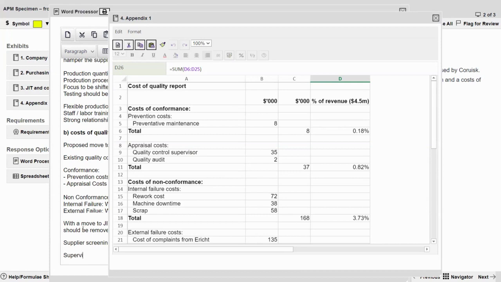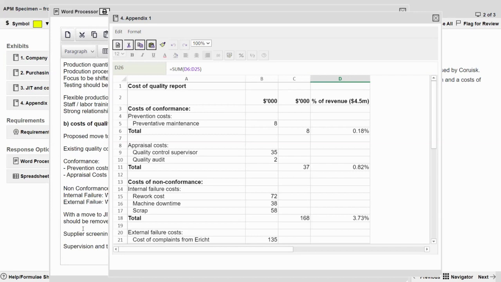The supervision and the quality audit cost will increase. Machine maintenance will be increased in the prevention section.